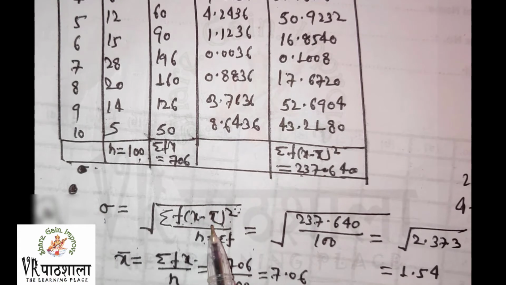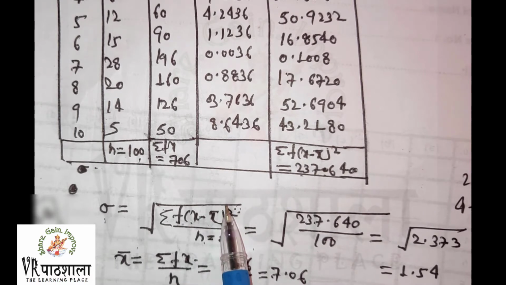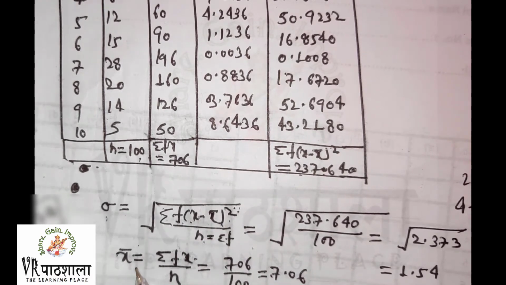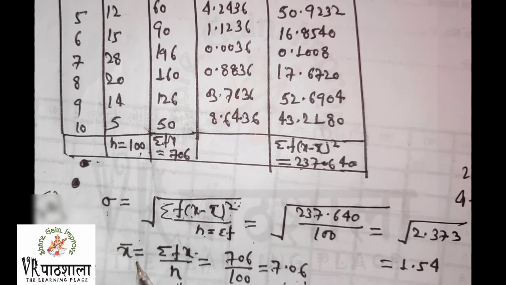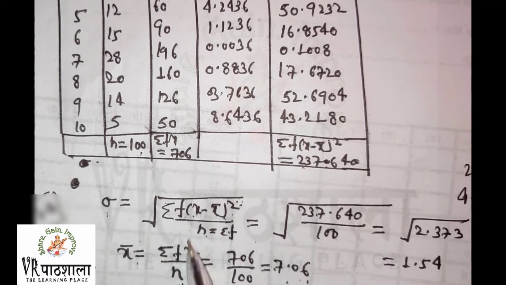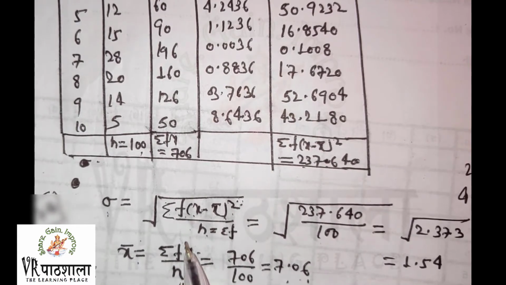For this we need x bar, the mean of the series. First we calculate the mean because the data is grouped data. So the mean for grouped data is defined as x bar equal to summation f into x over n.